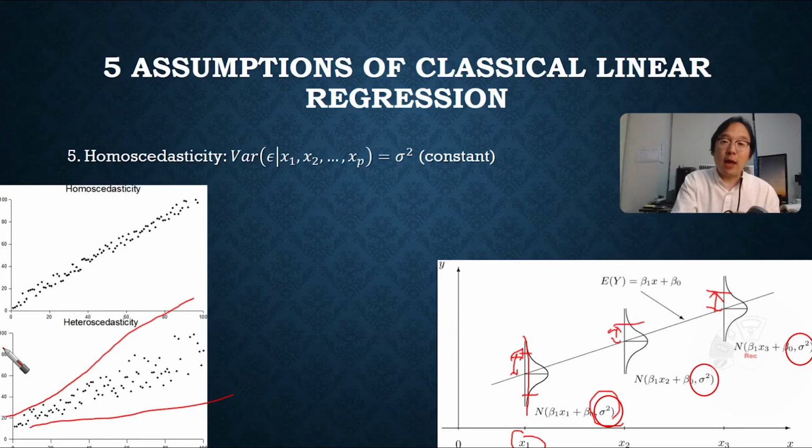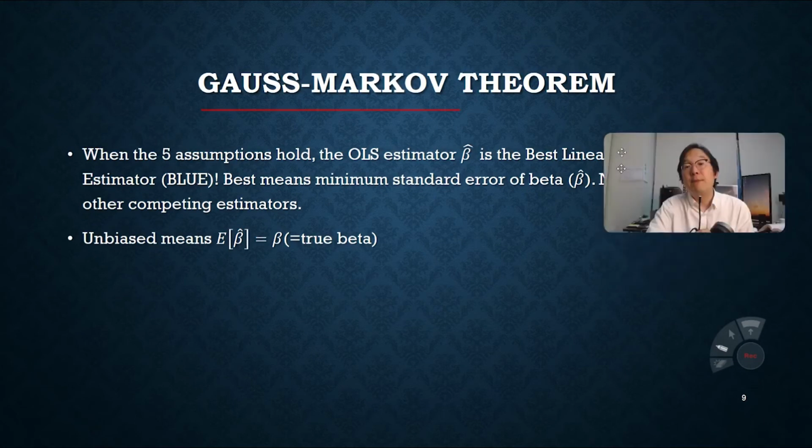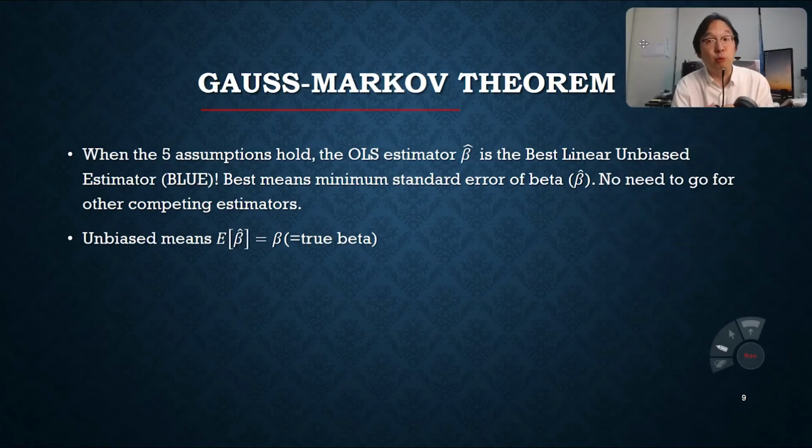As long as you have these 5 assumptions holding, you have a goal called the Gauss-Markov theorem. When the 5 assumptions hold, the OLS estimator beta hat is the best linear unbiased estimator, BLUE, right? Best linear unbiased estimator. Best means what? Minimum standard error of beta. You want to have a precise estimate of beta, the slope coefficient.